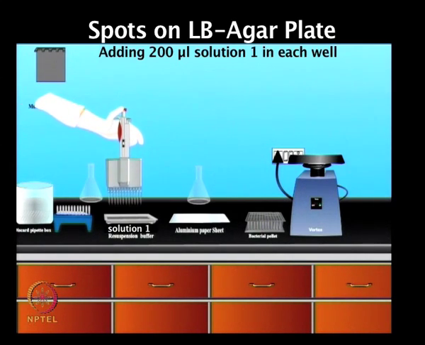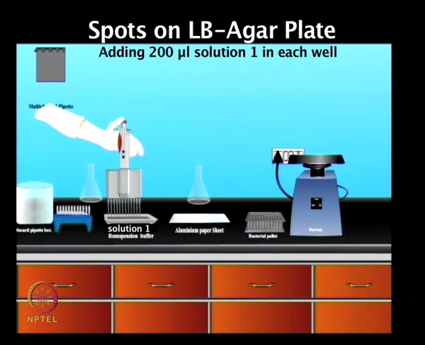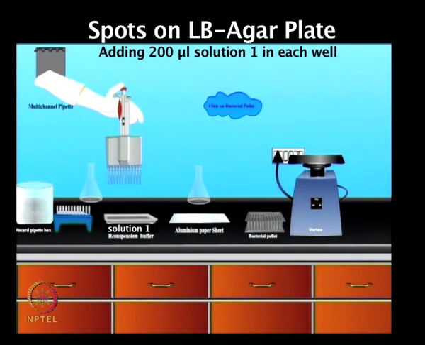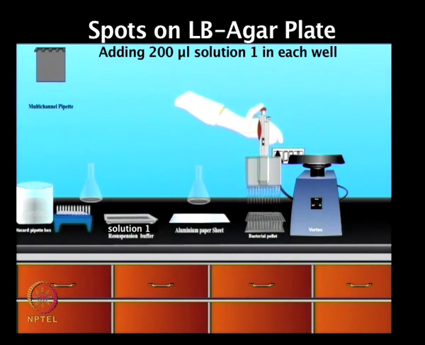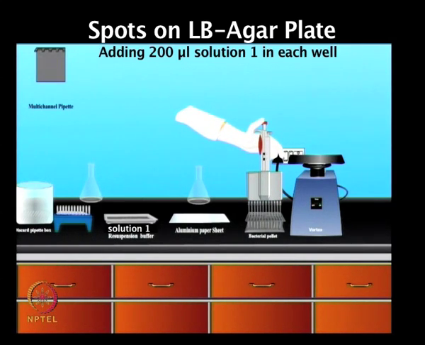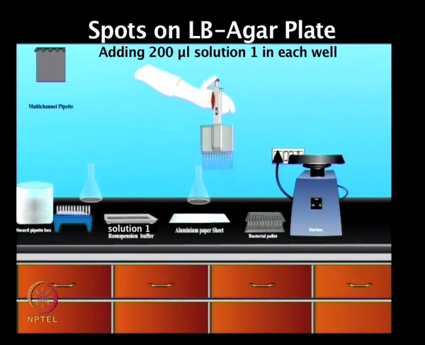You need to add the resuspension buffer, around 200 microliters, to each well. Remember, in the last step we made the bacterial pellet from those culture blocks, and now you can add this 200 microliters of resuspension buffer in each well.